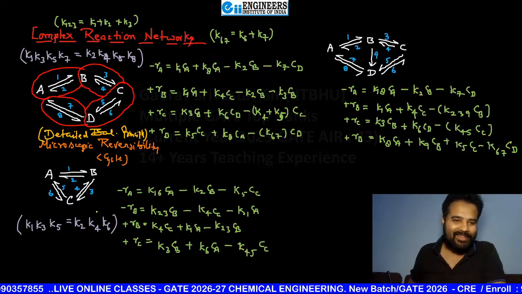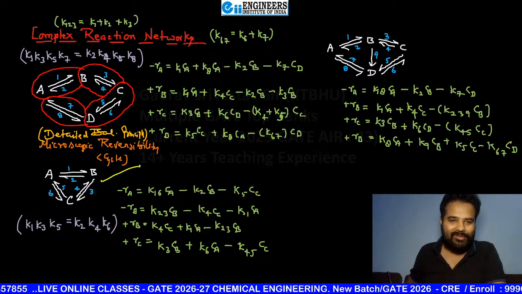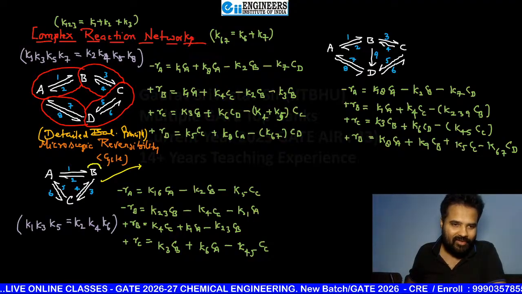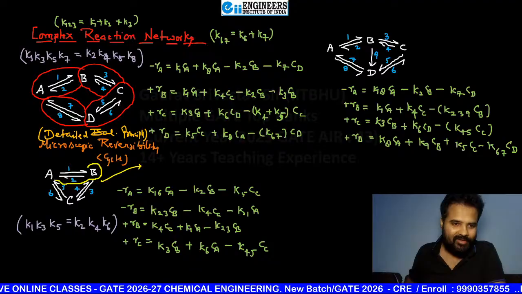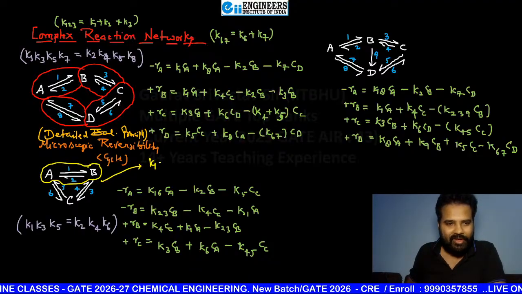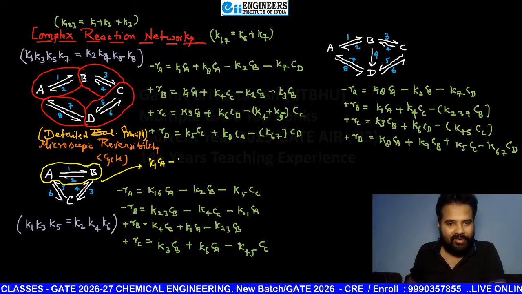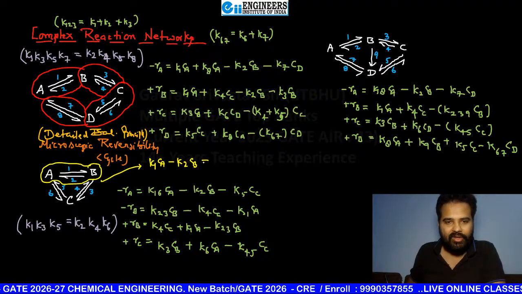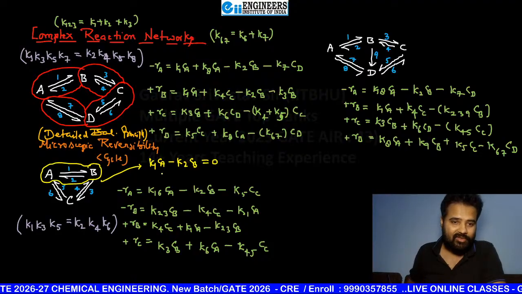Okay, so see, for this one, if I'm using only this reaction, it will be K1 CA minus K2 CB. And the net rate of formation of A will be 0, so I can write this as 0.